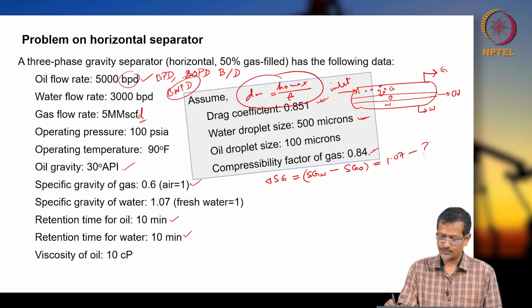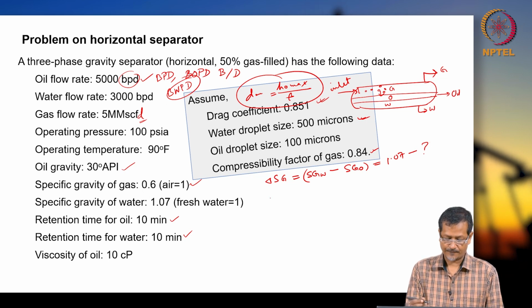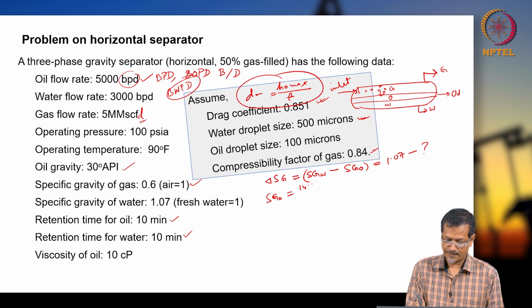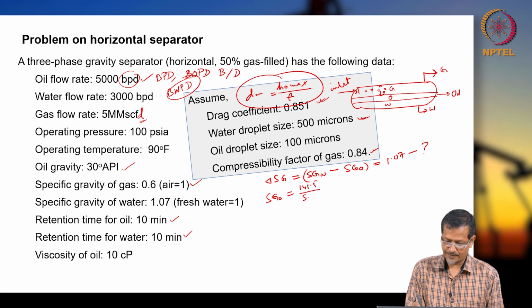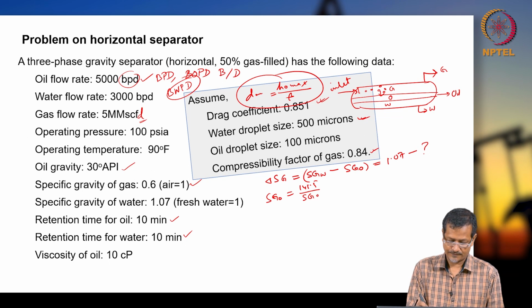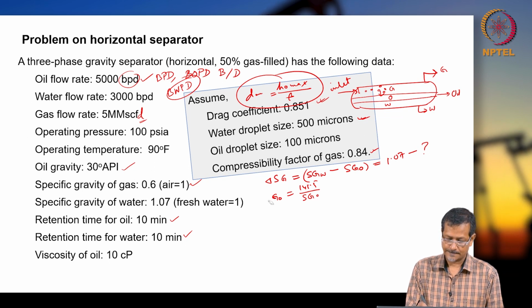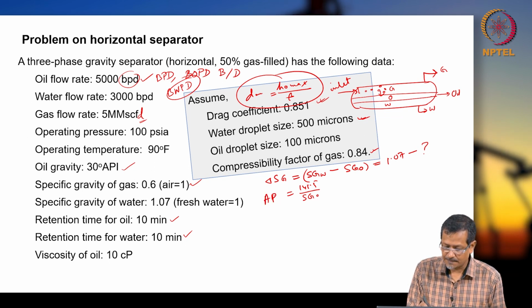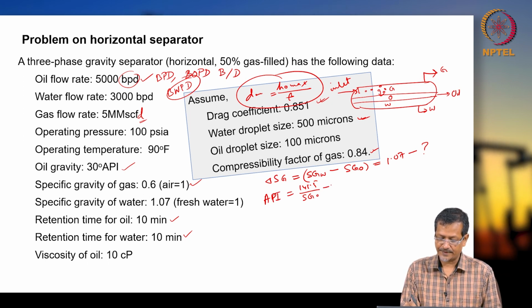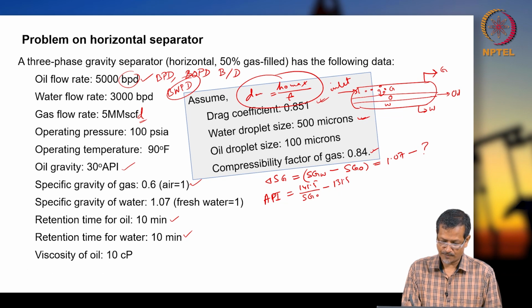Okay, so Sg oil, how to get it? API gravity equals 141.5 divided by Sg oil minus 131.5.